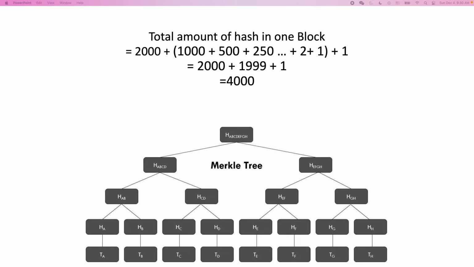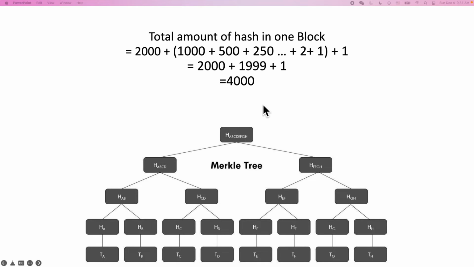One node has one hash. So there are 2000 transactions here, and the other nodes count together is this amount, which is 1999, and every block has its own hash.